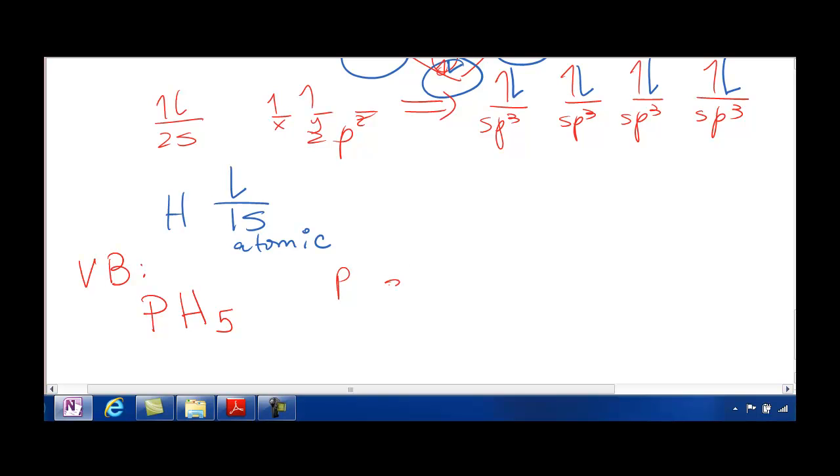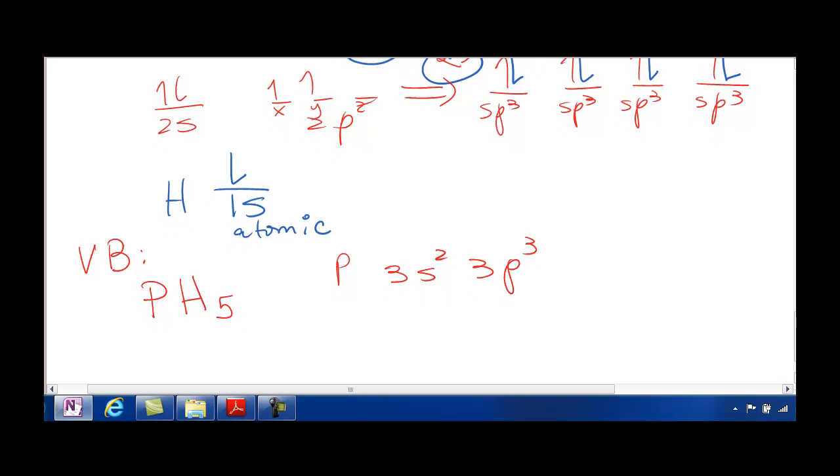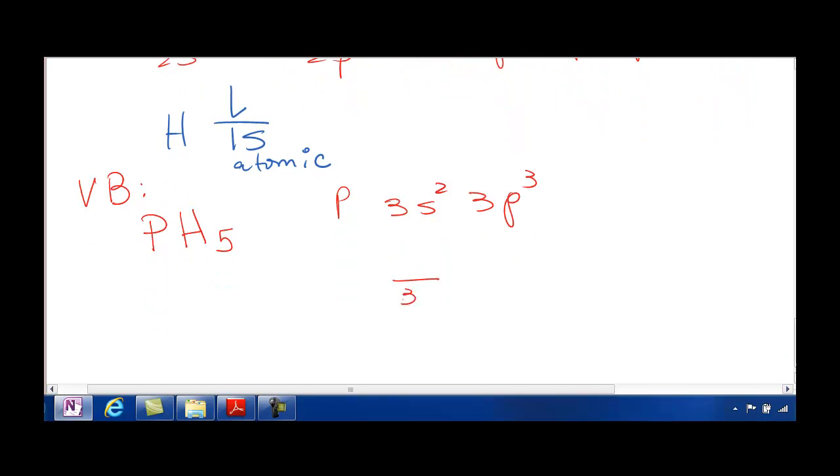Valence shell is 3s2, 3p3. And then I do the arrows, because I'm really saying that an electron pair is forming a bond and they're overlapping. So my 3s is going to have 2 electrons, and my 3p's are going to have how many? 1 in each. 1 in the px, 90 degrees apart from the py, 90 degrees apart from the pz.